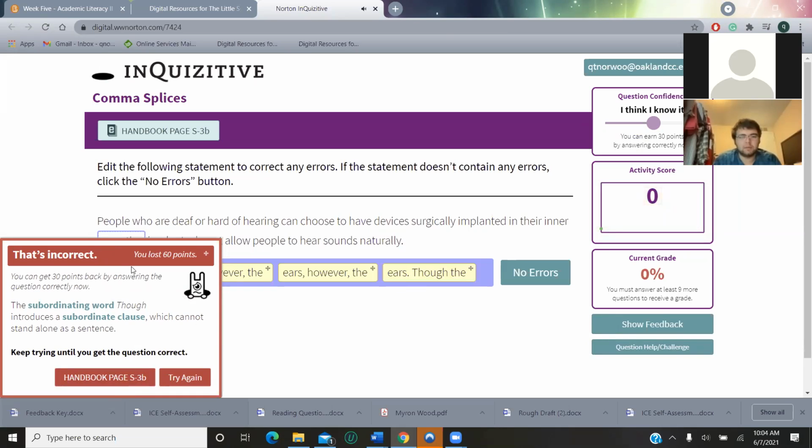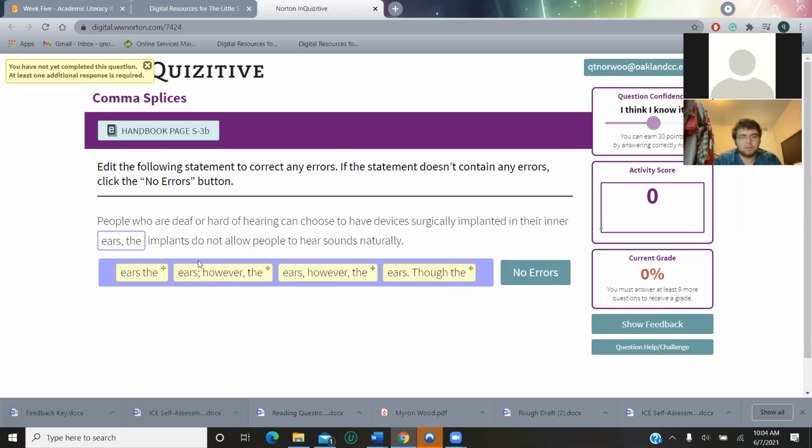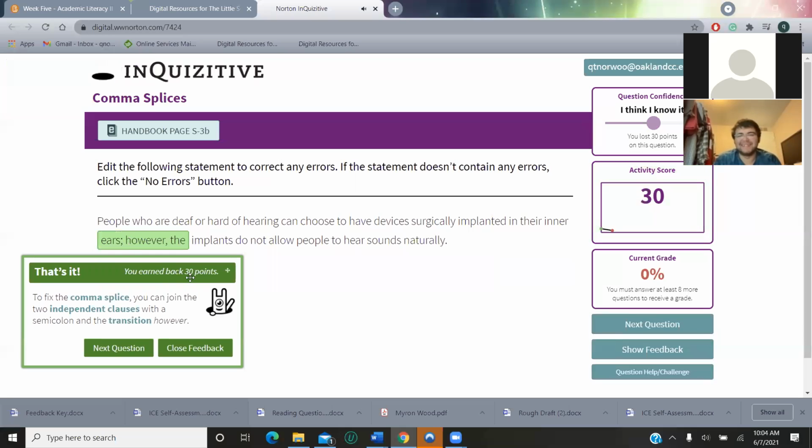Okay, this one, though the implants do not, that would give us a fragment. That would make this one into a fragment. Okay, got it. Now I understand. They both got to be independent. However, okay, I got it. Absolutely. And you almost just said the right answer.